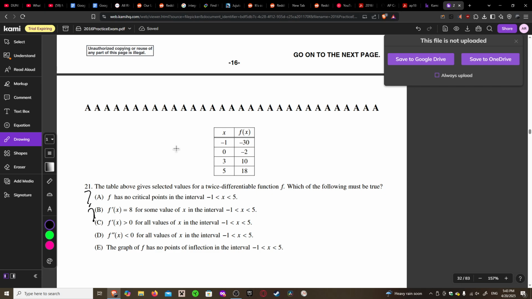F prime for all values, we don't know that. F double prime is greater than... again, we don't know if it's going to be like that for all the values. I'm going to do this.